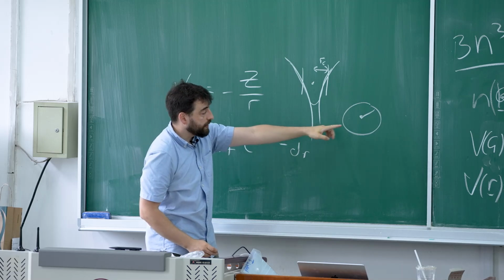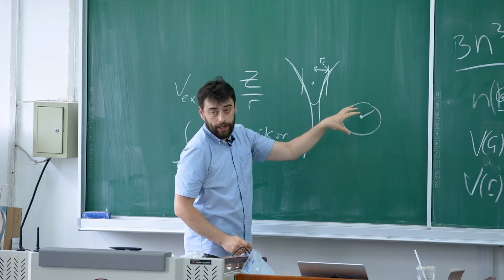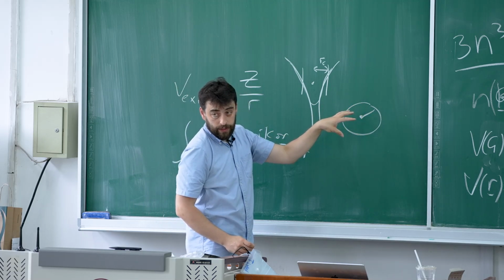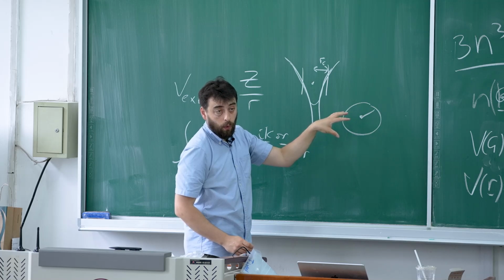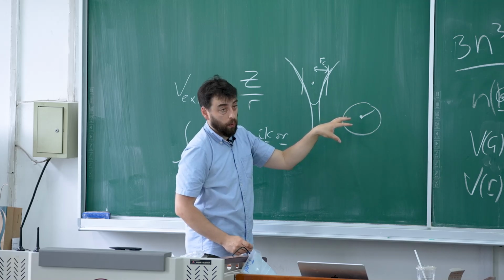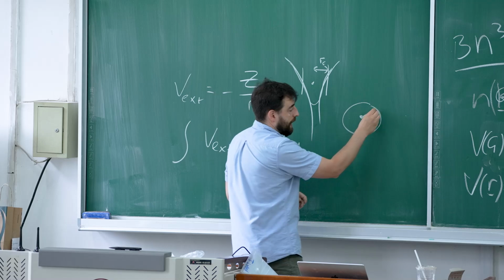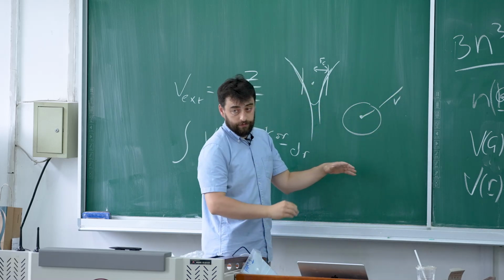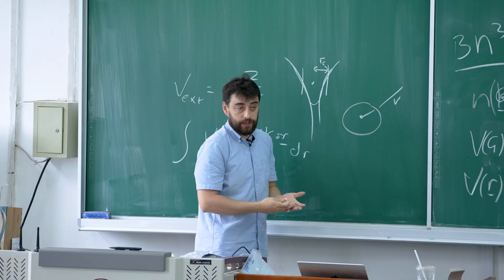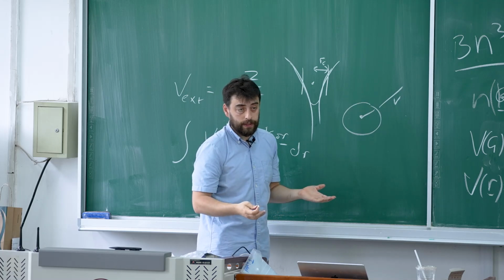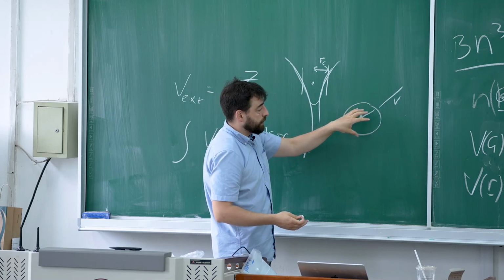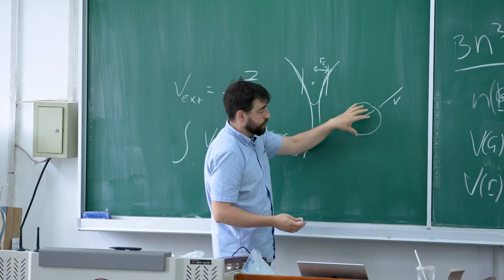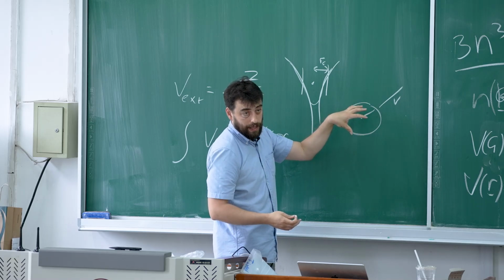We say within this sphere, this is core electrons, and within the sphere of core electrons, all we have is core electrons. Outside of this sphere, we have the valence region, electrons which are interacting with other electrons. In the core region, the electrons are only interacting with electrons from this atom.